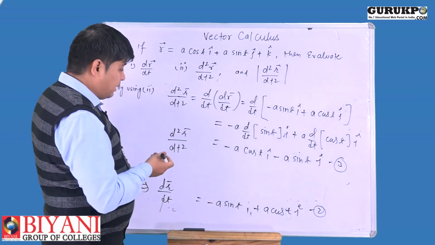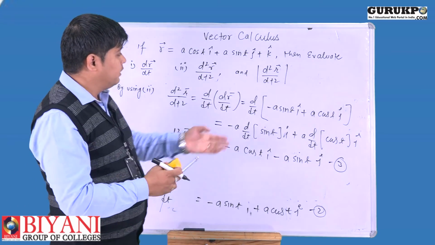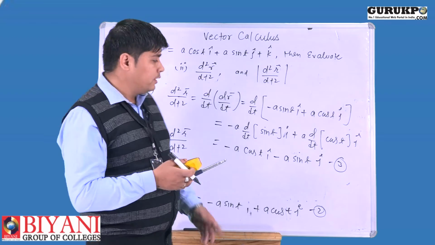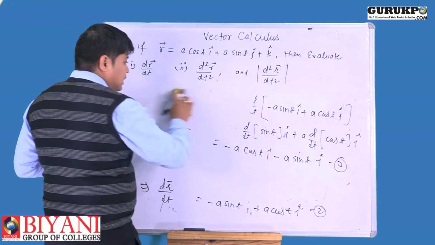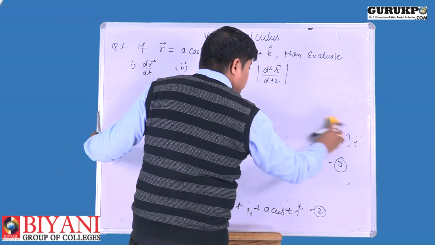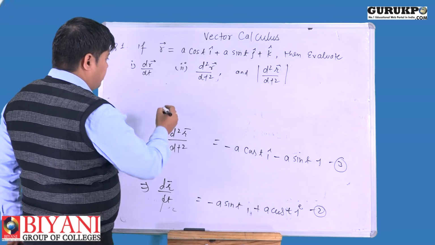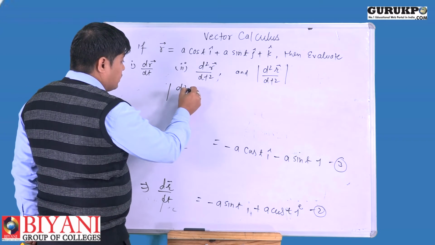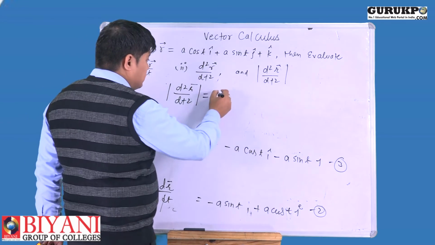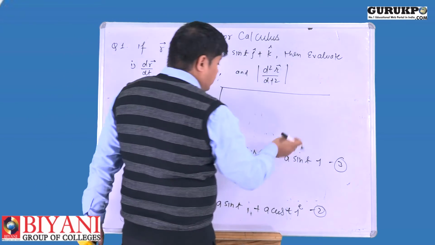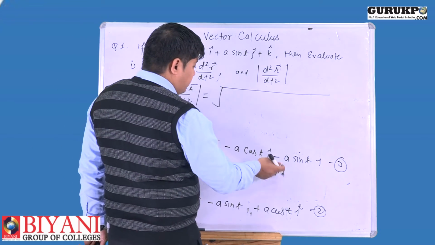Similarly, we can find the modulus of d2r by dt square, which is so simple by using relation 3. Here the modulus of d2r by dt square is the square root of the sum of squares of the coefficients of i, j, k in relation 3.